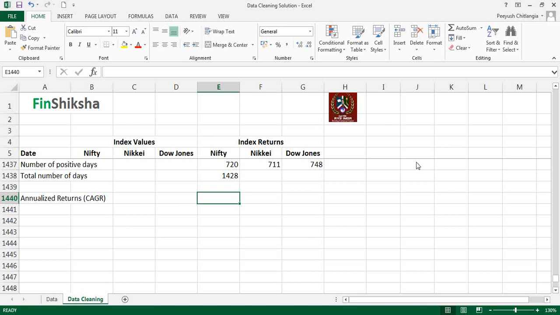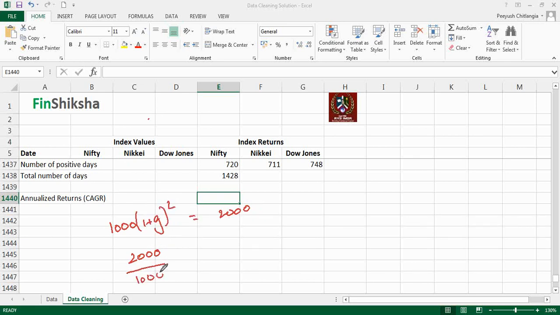So let's say you were investing for 2 years and the index went from 1000 to 2000 over this 2 year period. So 1000 into (1 plus the growth rate) squared is equal to 2000.